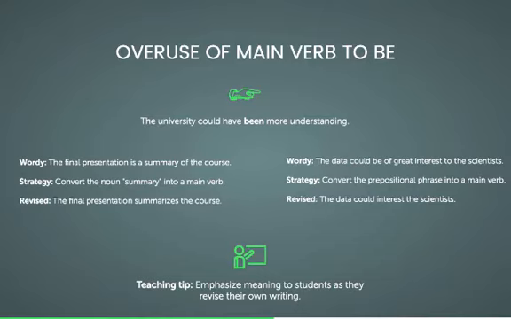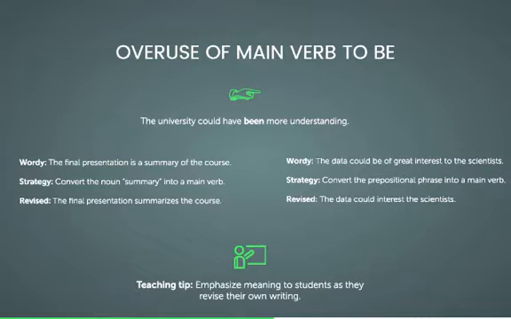One quick teaching tip as you're teaching conciseness to students, and we talked about this previously, is to emphasize meaning to students as they revise their own writing. When students start to edit for conciseness, they start to remove so many words that it changes the meaning. So you could actually make this sentence shorter.